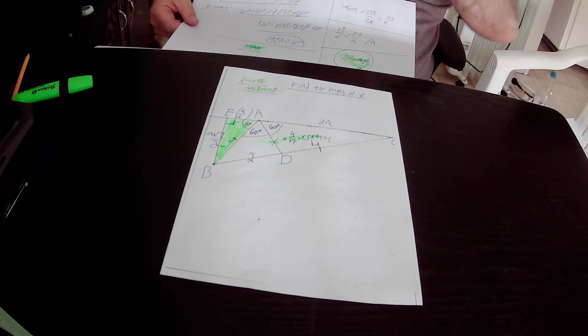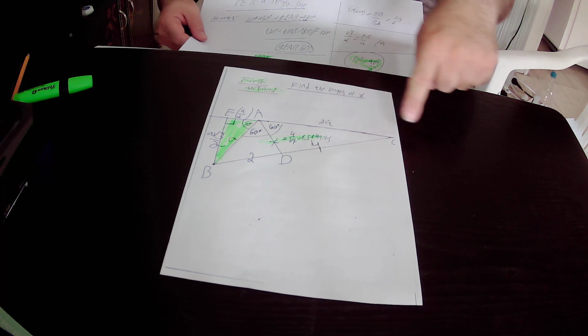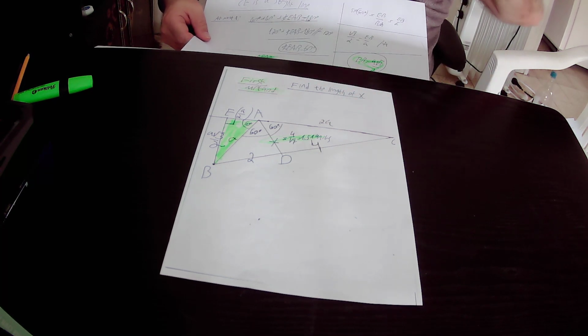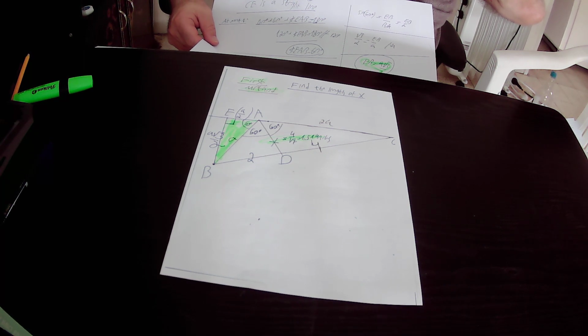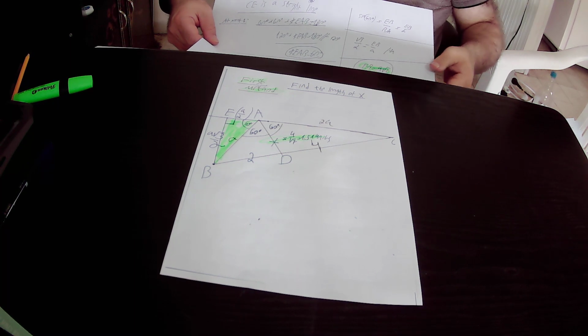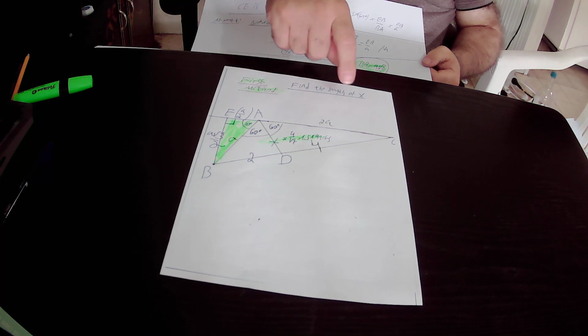So if we focus on the lower side of the straight line EC at point A, the sum of the angles must be equal to 180 degrees, according to the rule that the sum of the angles on one side of a straight line is equal to 180 degrees. Which angles do we have at the lower side of the straight line EC at point A?